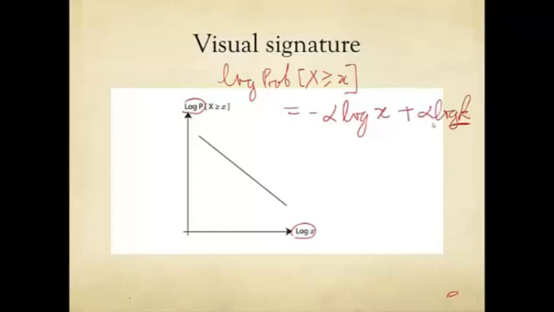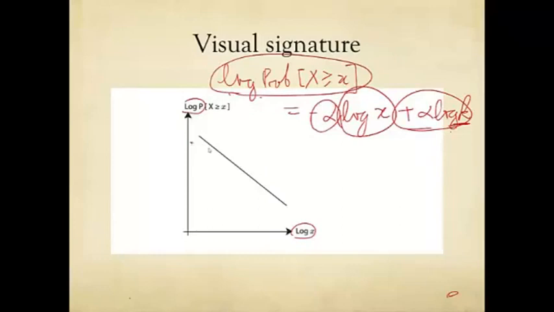Now, since k is a constant, this is just an offset. What matters is that the log of this tail probability is minus alpha times the log of x. So on the log-log plot, it is a straight line with a negative slope of minus alpha. So this slope is minus alpha.